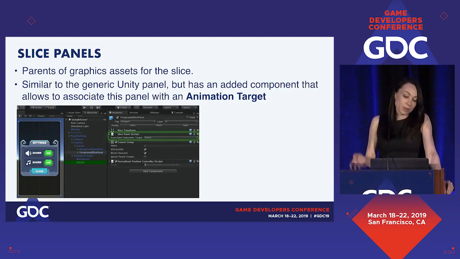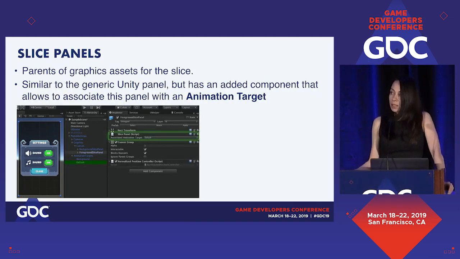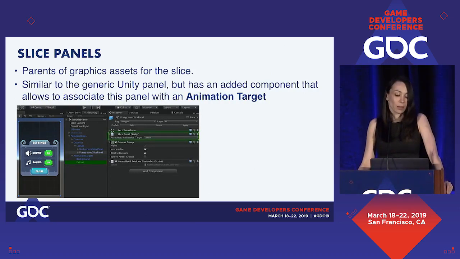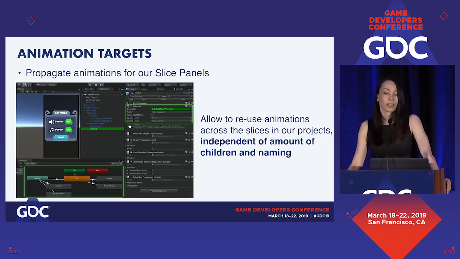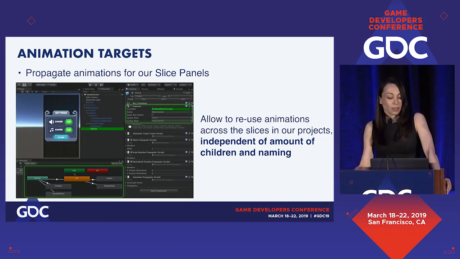Slice panels are very similar to a generic Unity panel, but they have an added component that allows us to associate the panel with a specific animation target. And animation targets are actually our favorite feature that we developed for this UI framework, because animation targets propagate animations for our slice panels.